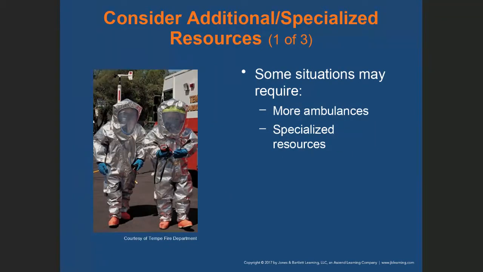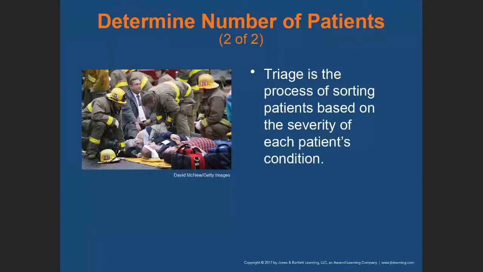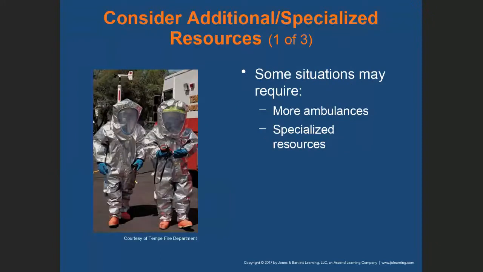All right, now after we have determined the number of patients, we definitely need to consider additional resources. So the scene size up is: ensure your scene is safe for you and your crew members. Take the necessary standard precautions for yourself and your crew members.